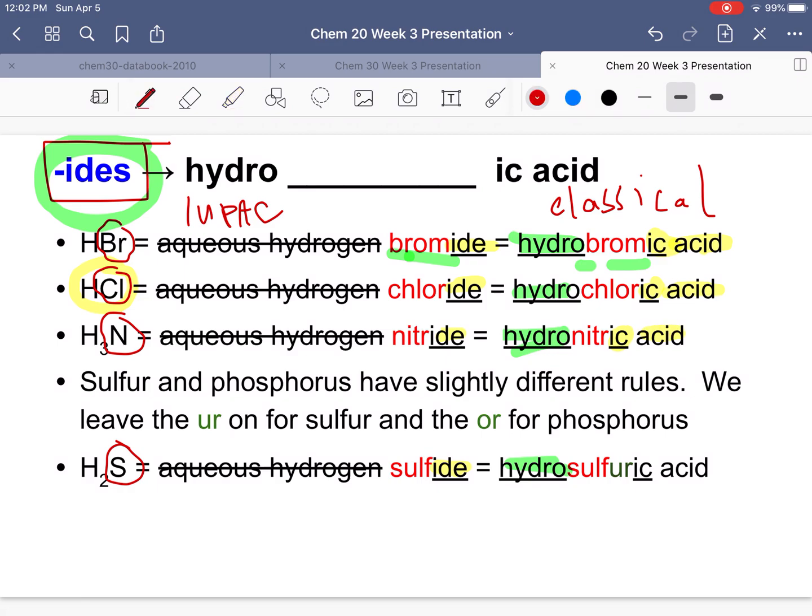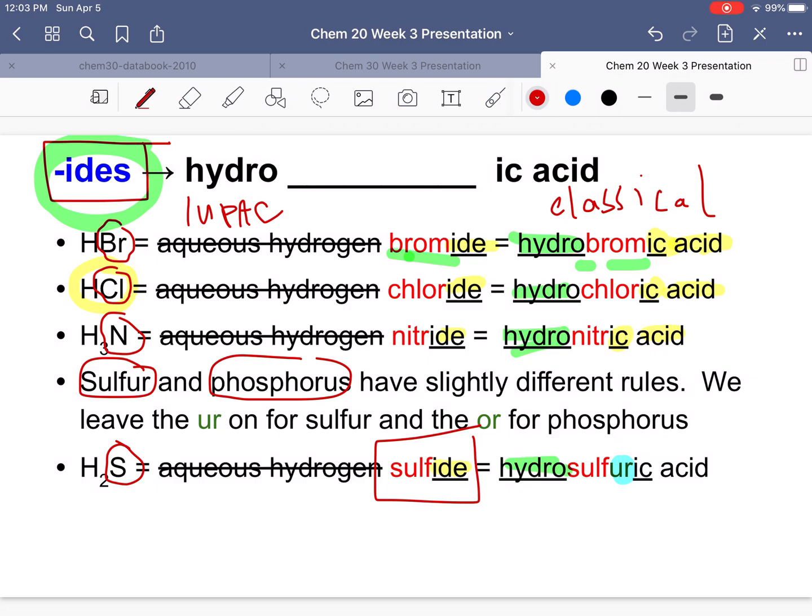Perfect. Couple of exceptions. Sulfur and phosphorus are just kind of weird in terms of how we name them and how they transfer over. So if we had sulfide before, we don't put hydrosulfic acid. Instead, just please be careful and take note. We add that little UR, hydrosulfuric acid. Similar type thing if we had phosphorus.